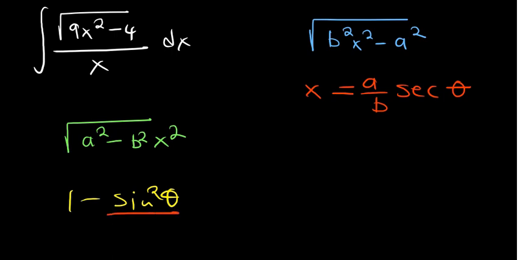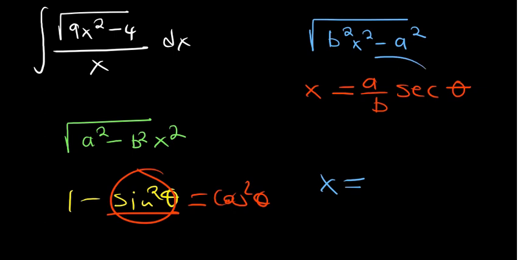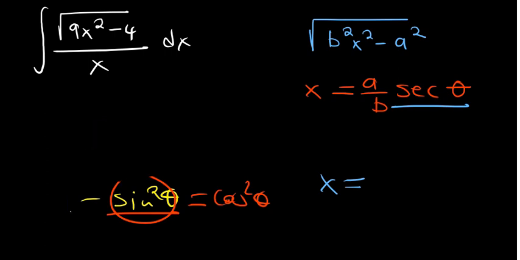So this means, of course, this is equal to cosine squared of theta. Now it means we're going to substitute the sine theta. For such a one, the value of x is going to be a over b, but instead of secant theta, what are we going to put? We're going to put sine theta. Okay, that's very important for you to take note of.